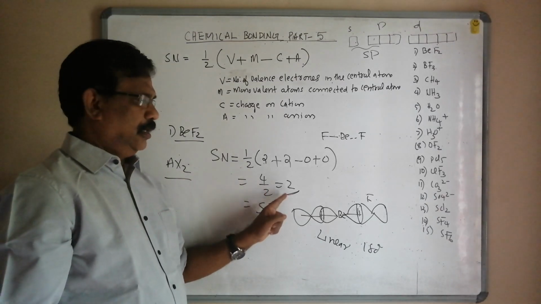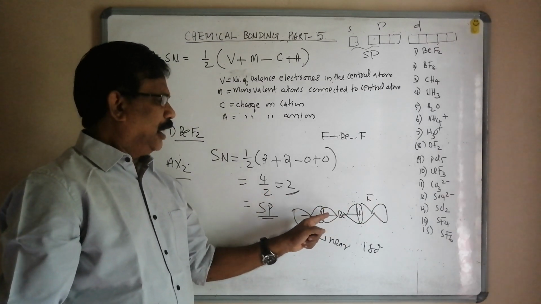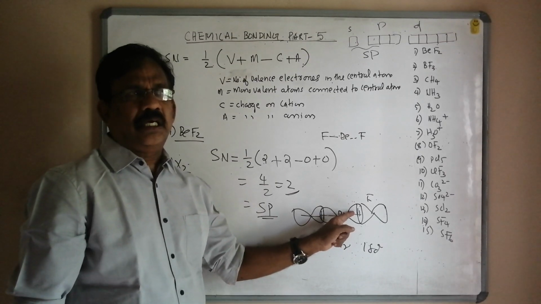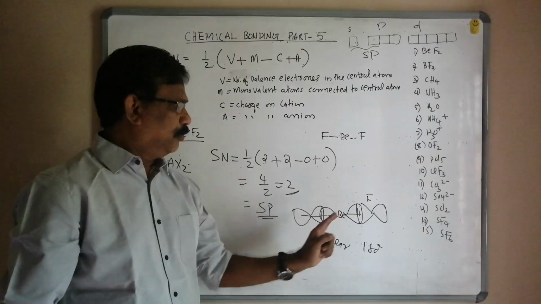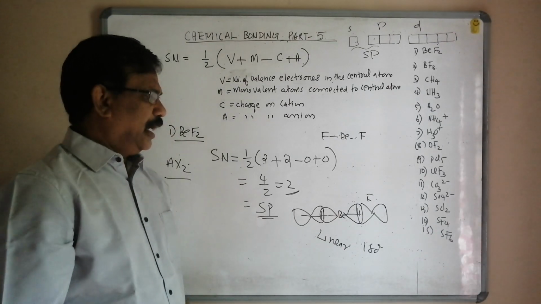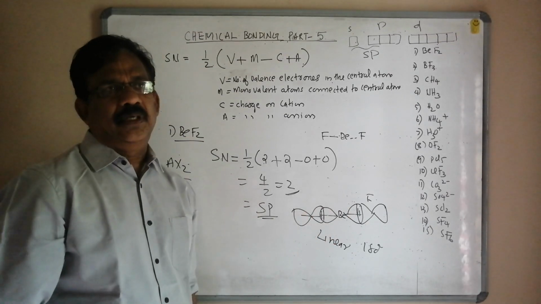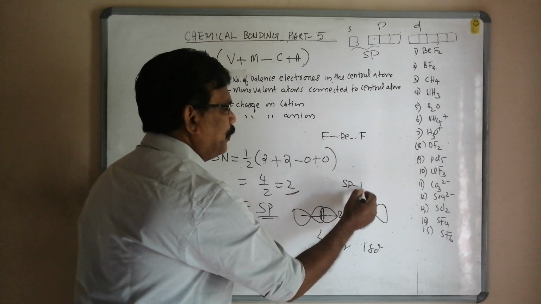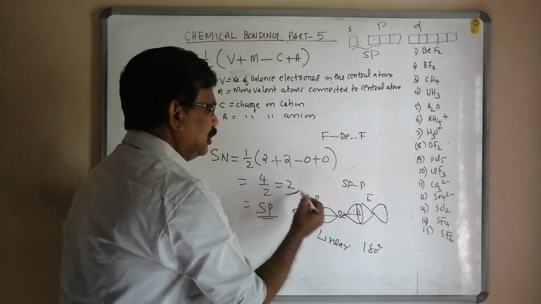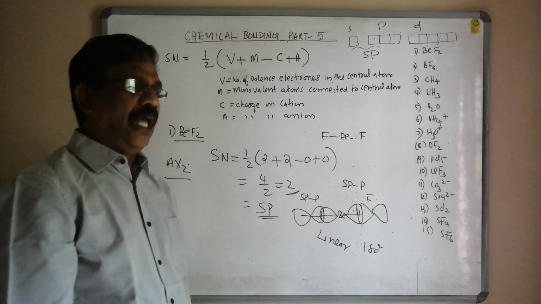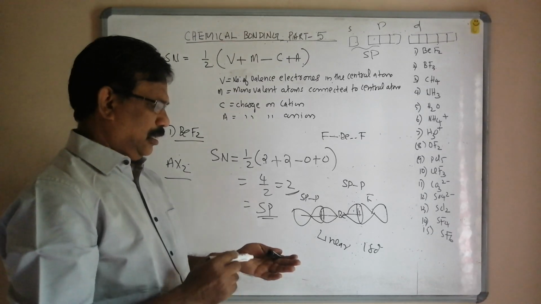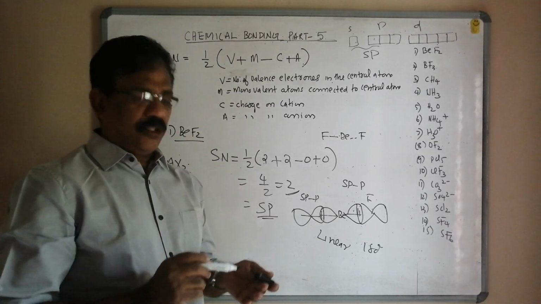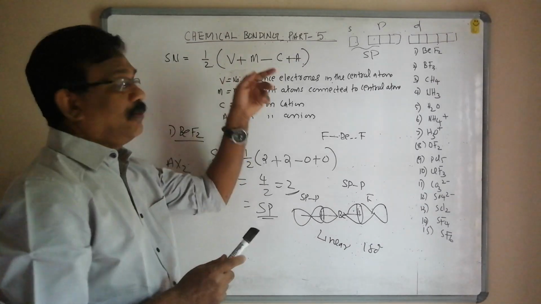Hybridization here is sp, shape linear. Beryllium's two hybrid orbitals are oriented along a straight line with a bond angle of 180 degrees, and two fluorine atoms will overlap with these hybrid orbitals. This overlapping is sp-p overlapping. So hybridization sp, and the shape of this molecule is linear, by the shortcut method.